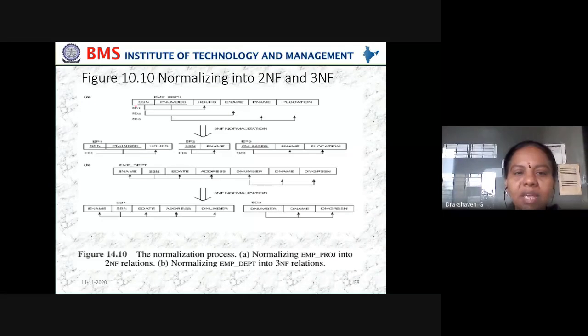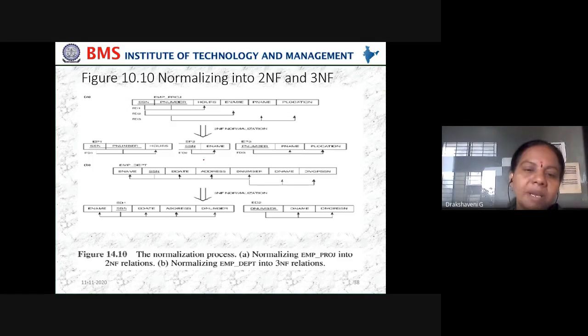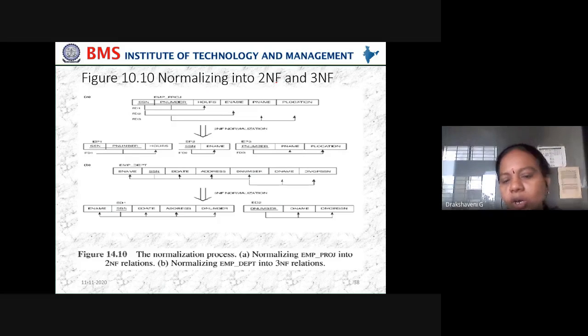Then we can say SSN and project number are fully functionally dependent on hours. Then SSN is completely dependent on employee name. Then employee number is completely dependent on name and location. In the same way, one more table, you can see employee and department. So this also can be split like this. That is what is called normalization, splitting up or decomposing the tables.